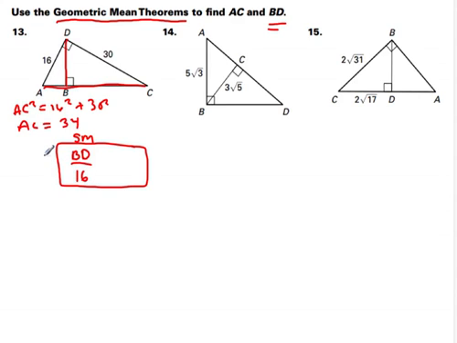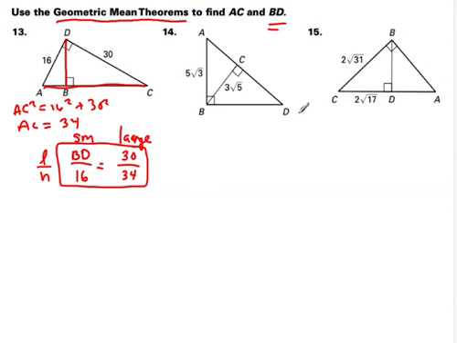That's the long leg over the hypotenuse. Now I need to pick something else. Since I have all three components in my large triangle, I'll just use those. So the long leg of the large triangle is 30 over 34, the hypotenuse. At that point, I can just cross multiply and solve a very straightforward problem.